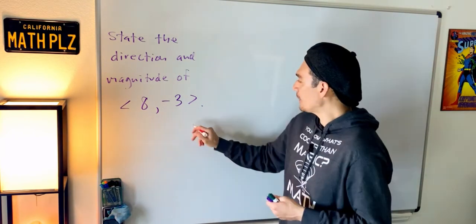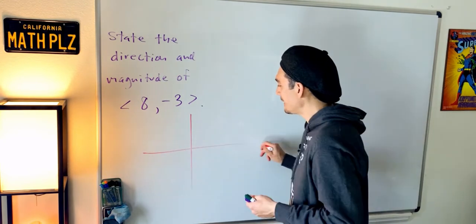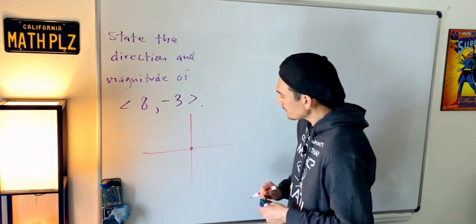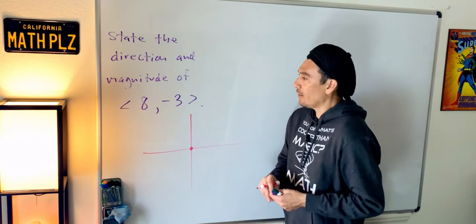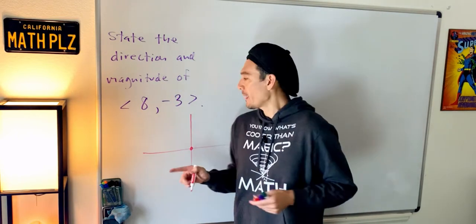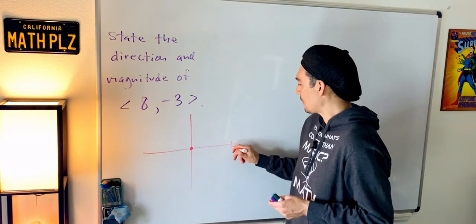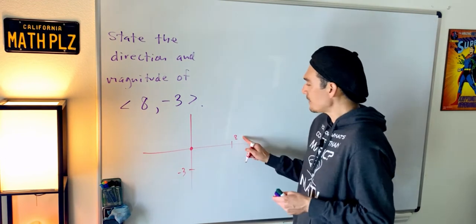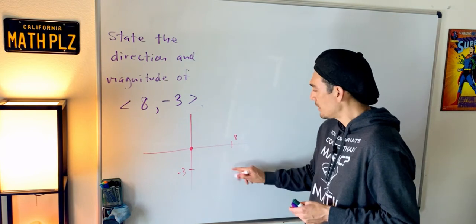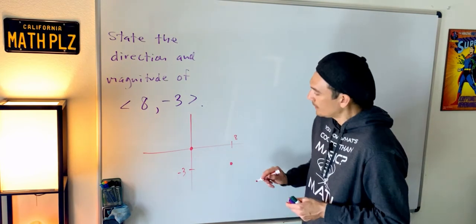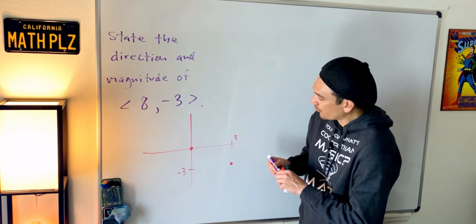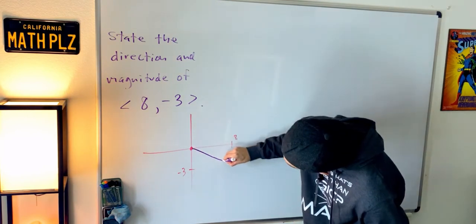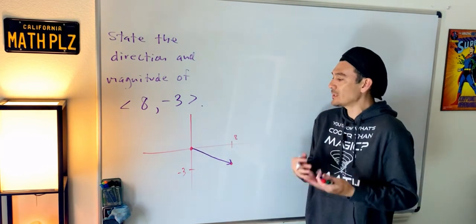So let's say that we are right here. That's where I begin, okay? Now this vector Uber is going to take me 8 spaces to the right, but then it's going to take me 3 units down, right? 8 to the right, and then 3 units down. So I'm going to get off the ride right there. So a summary of my trip would be that. That's what this Uber did.